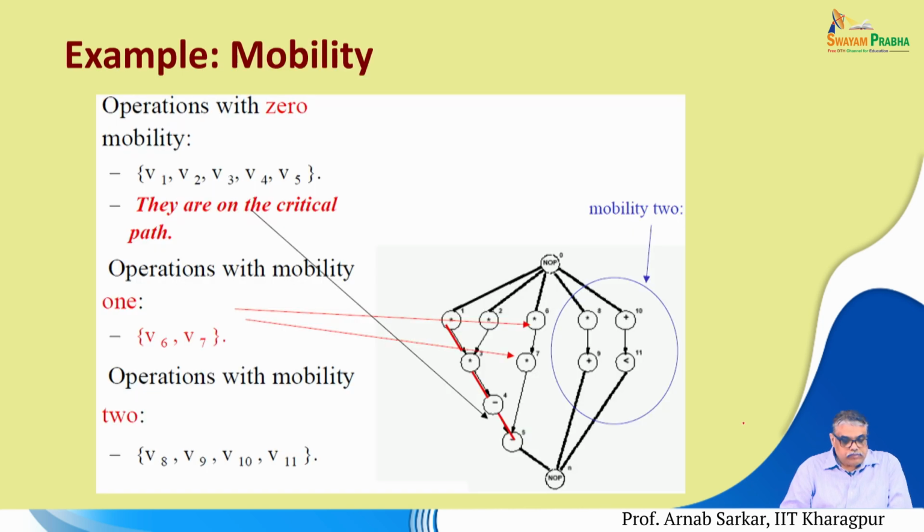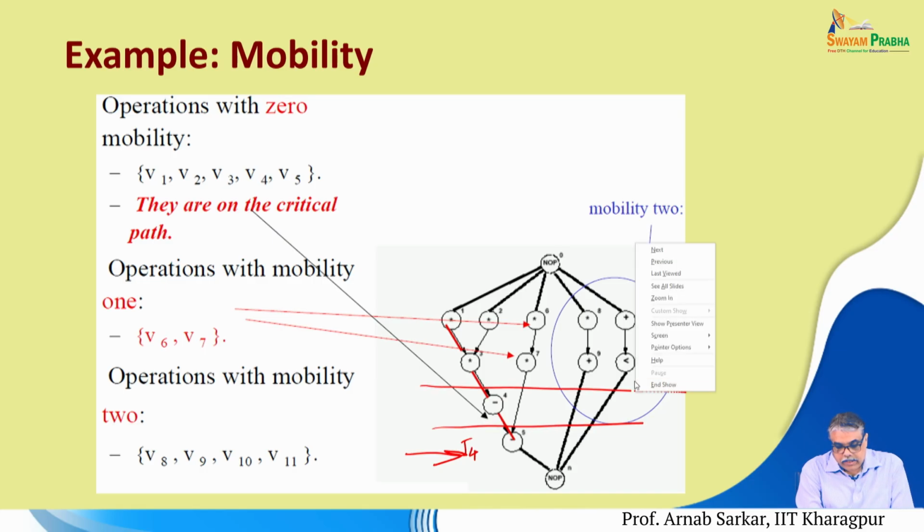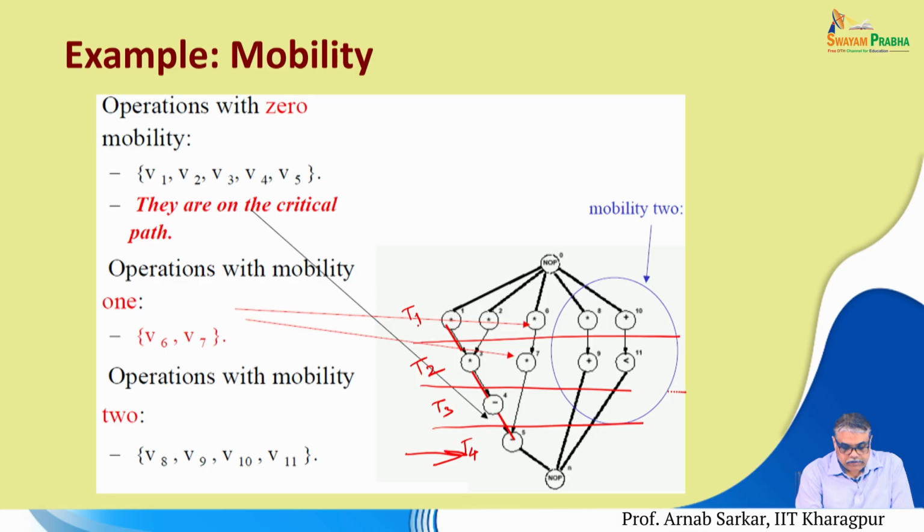If we have a time constraint of 4, then this must be performed in the 4th time step in the ALAP schedule, this in the third time step, this in the 2nd time step, and this one in the 1st time step.